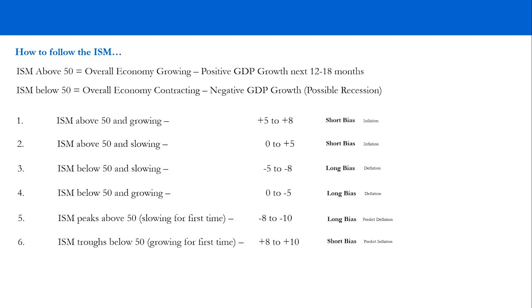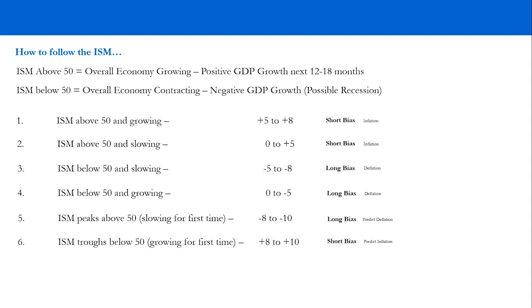So what do we mean by that? The ISM is above 50 and slowing. Well, let's say last month the ISM was 59, but this month it's 55. Well, that means it's still above 50, so it's growing, and it's forecasting that the economy will grow.